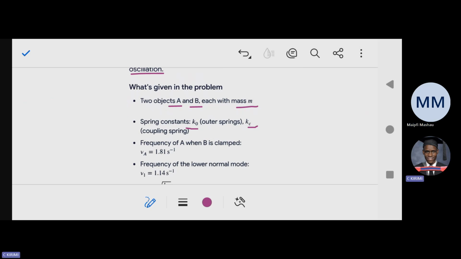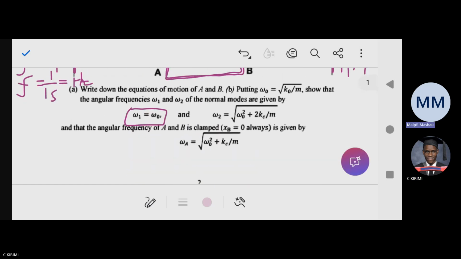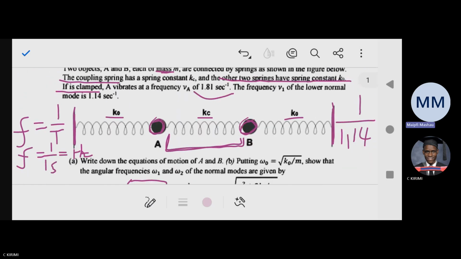The frequencies of A and B: A when B is clamped. So what do they mean by that? The frequency of A when B is clamped.